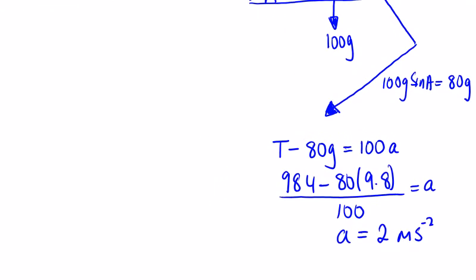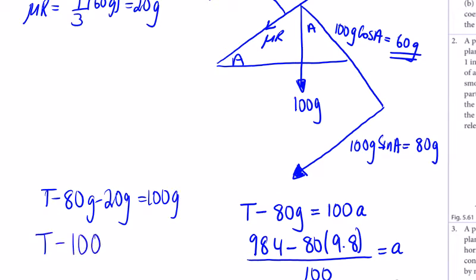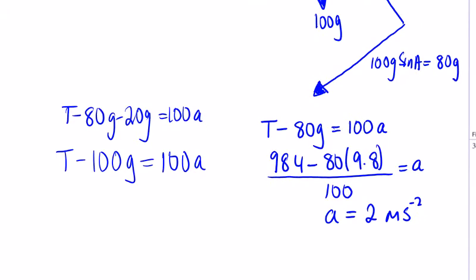So instead of T minus 80G, we're going to have T minus 100G, that is 80G plus 20G, equal to 100A. So T minus 100G is equal to 100A. So 984 minus 100 by 9.8, which is 980, is equal to 100A.